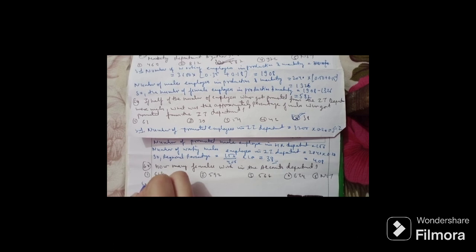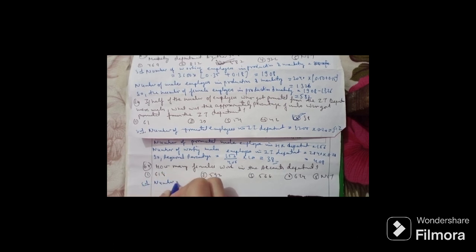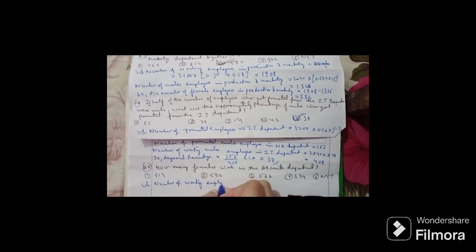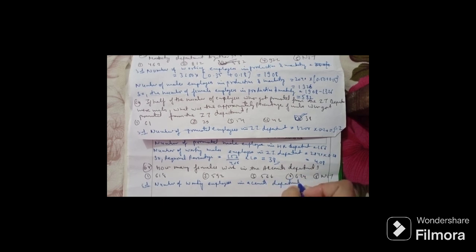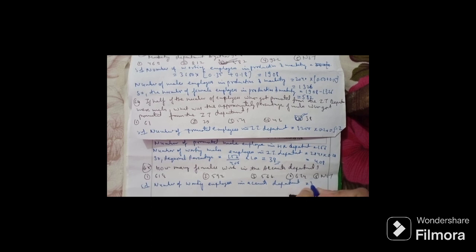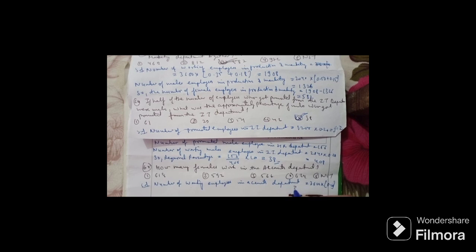So here, number of working employees in the accounts department equals 3600 into 0.20, that is your 720.